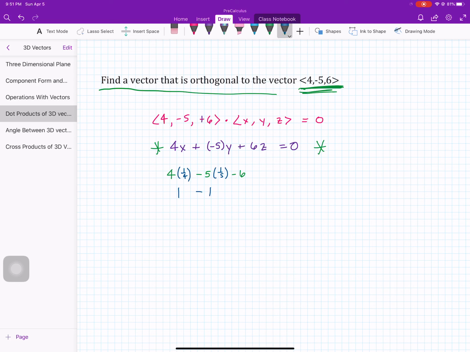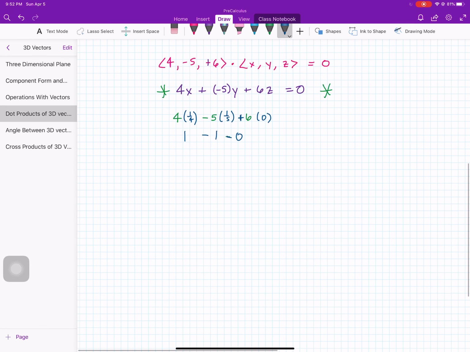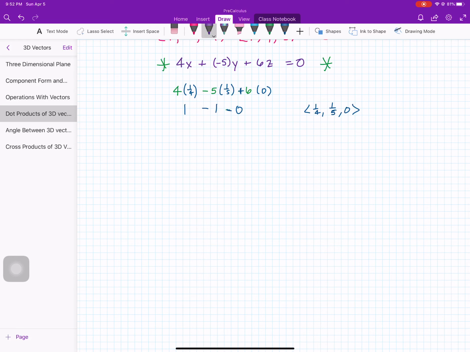And then for your last one, you could just make it be 0. That in turn gives you 0. Technically that's plus 6. That in turn gives you 0. So you can say that this vector would be orthogonal. 1/4, 1/5, and 0.